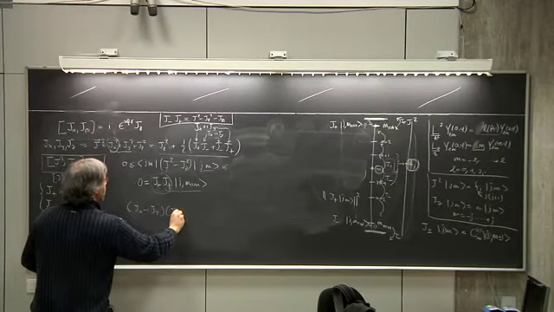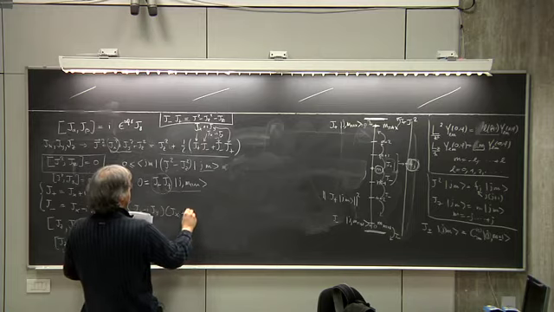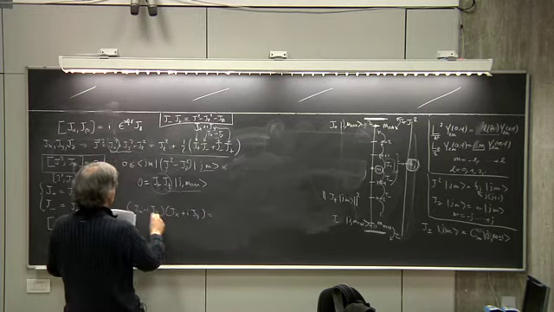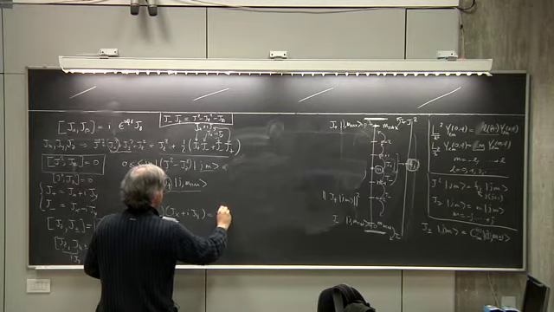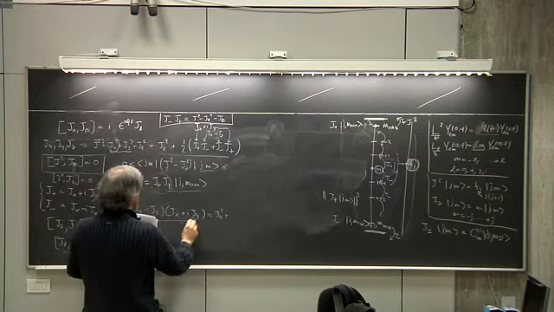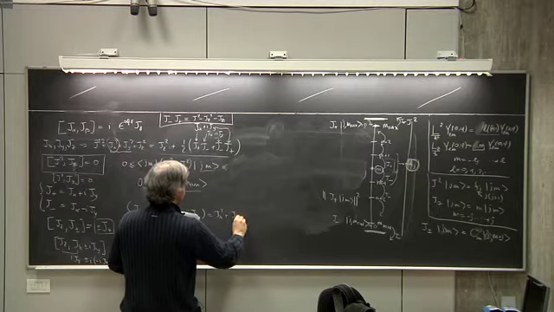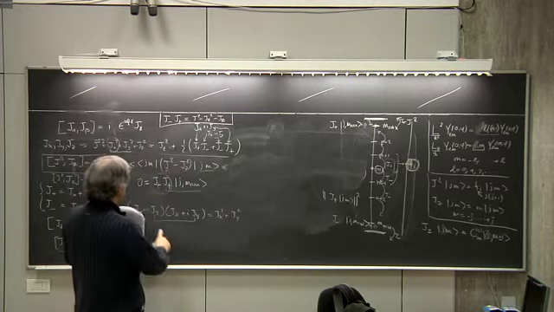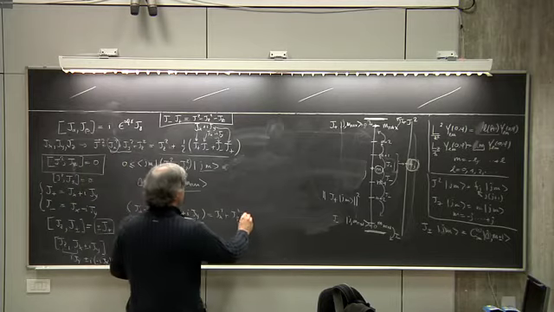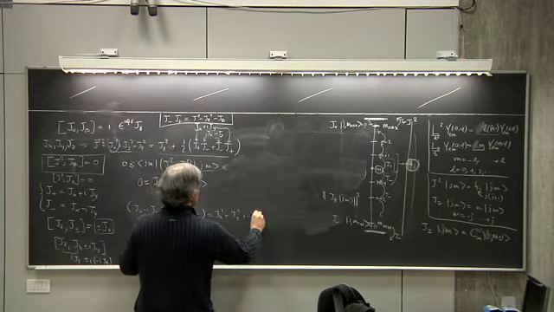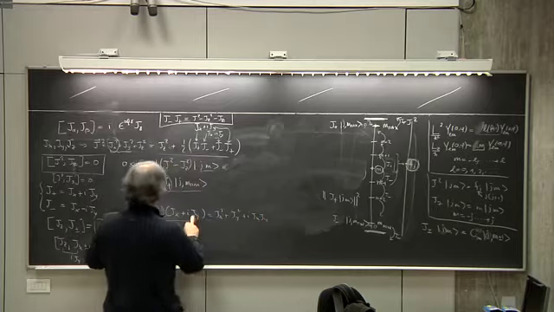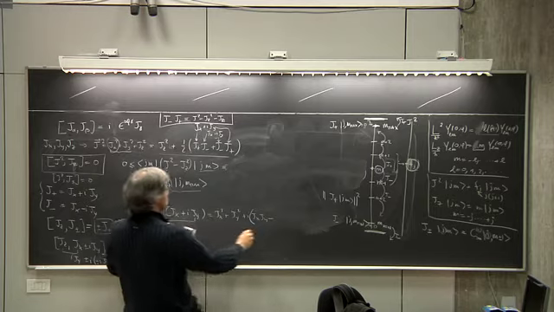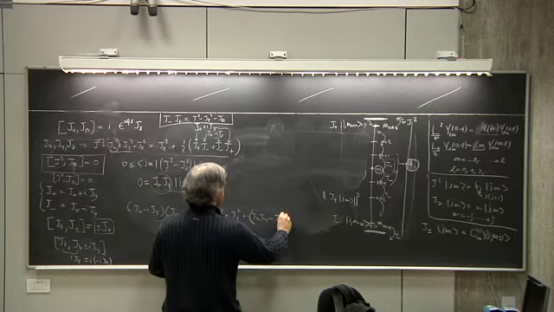J plus is jx plus i jy, which you can always write as jx square, plus, from here you get jy square. Then I have a term that is plus i jx jy from here, and from here I have minus i jy jx.